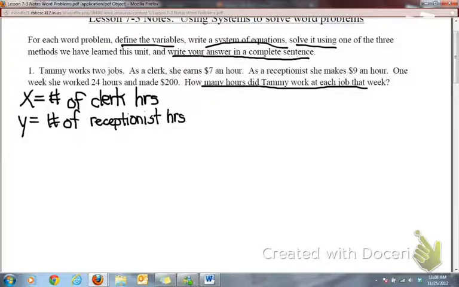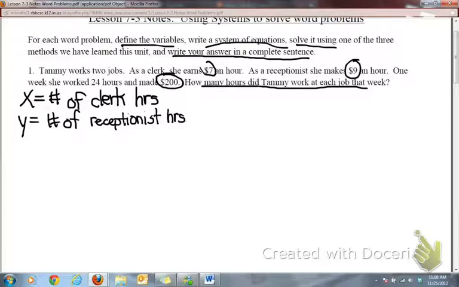Okay, now we're going to use those variables and the other information to make 2 equations. As a clerk, she earns $7 an hour, and as a receptionist, she makes $9 an hour, and that week she made a total of $200. So again, we're going to put all of our money numbers into one equation.